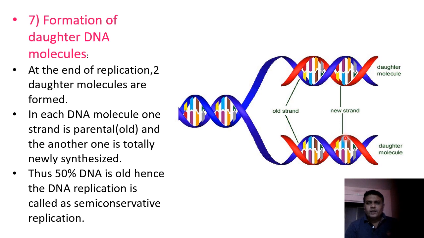It means that one strand, the old strand, is conserved, and on this old strand a new strand is produced, and half is old DNA while half is new DNA. The process of DNA replication is called the semi-conservative method of DNA replication.